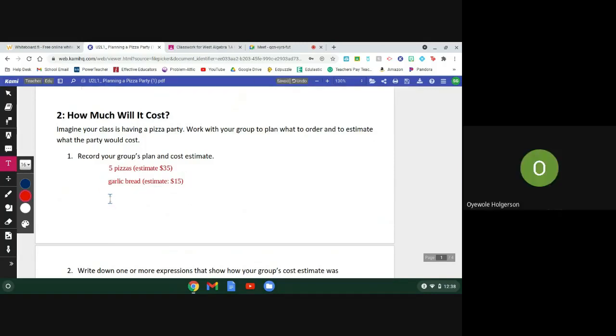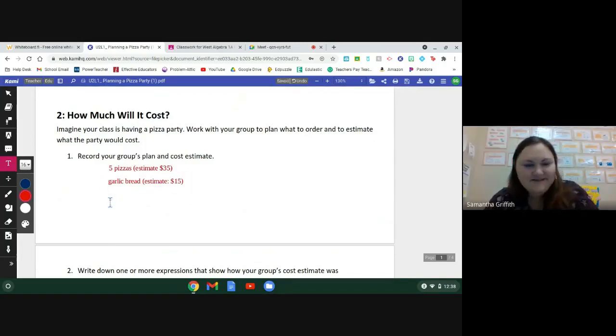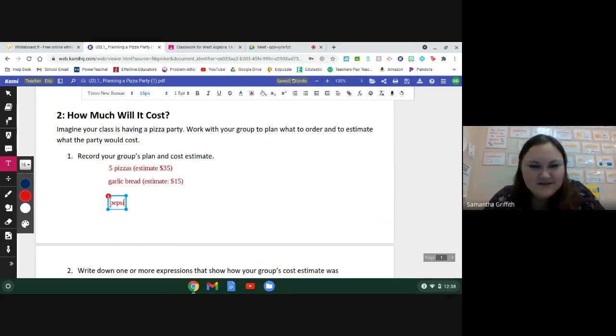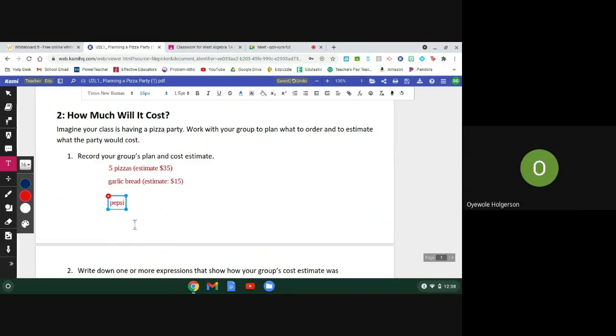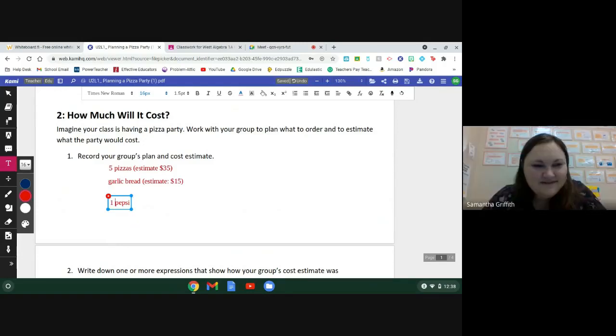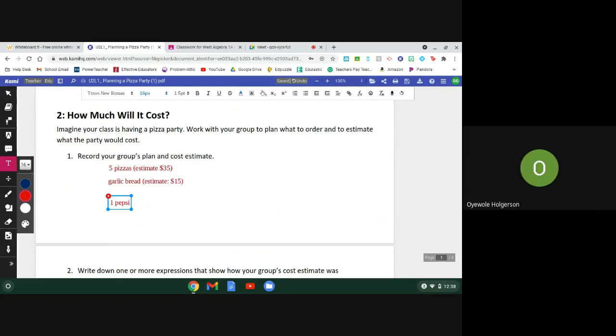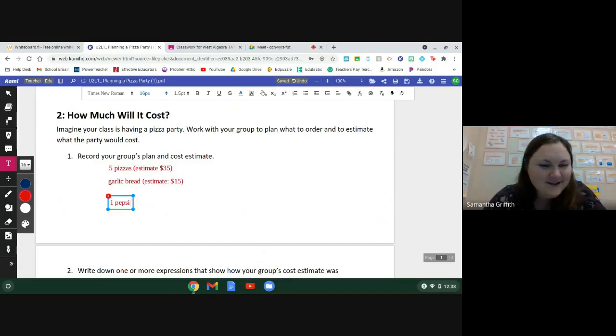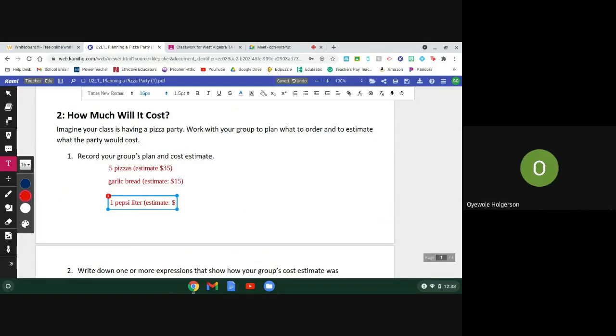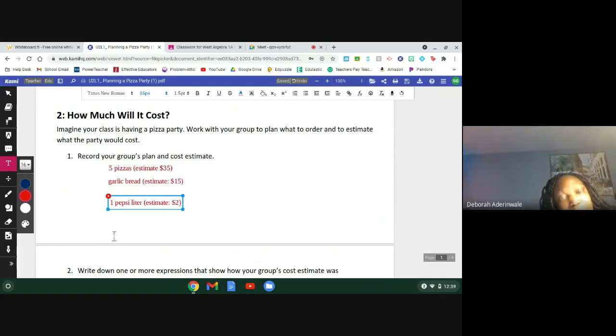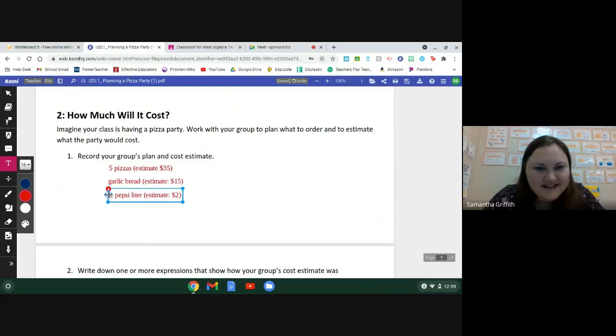A bottle of Pepsi. Some Pepsi? Okay. How many Pepsis? No, one is okay. 1 Pepsi? Is this a liter or a can? A liter. I was like, is the 1 Pepsi for you? So 1 liter of Pepsi. How much do you think that's going to cost us? Probably like $2 or so. $2. Anything else we need?